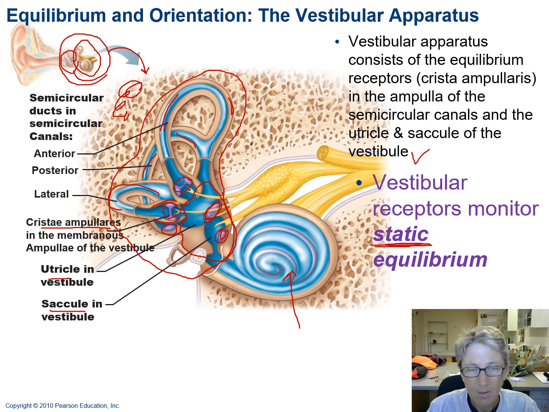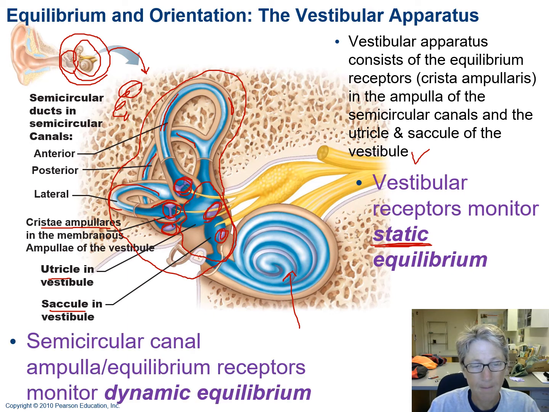These receptors in the ampulla, the semicircular canals, they monitor rotational equilibrium, and we will talk about that in more detail later.